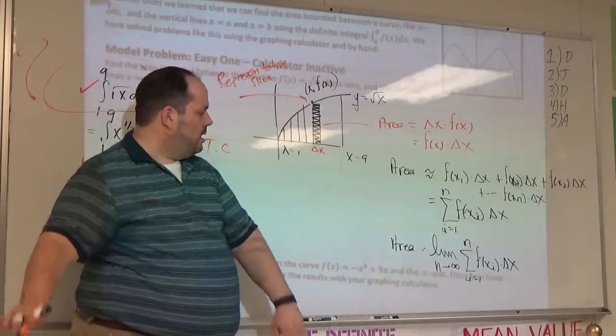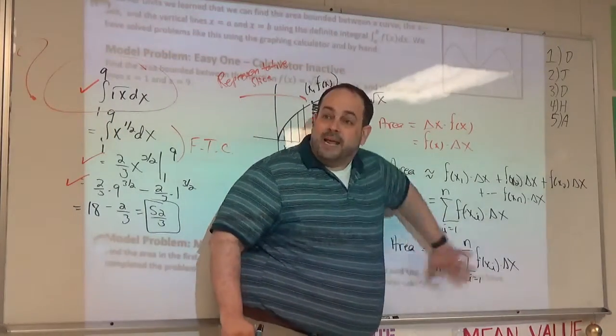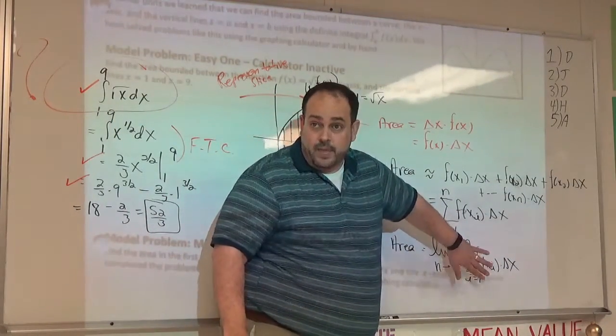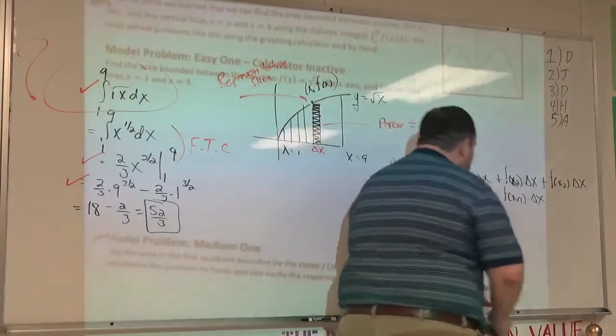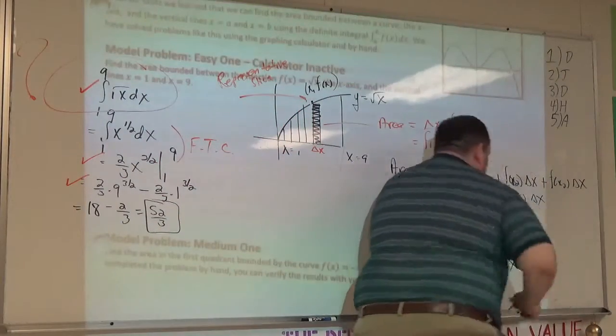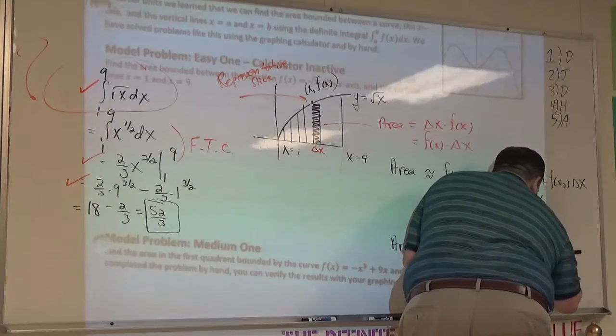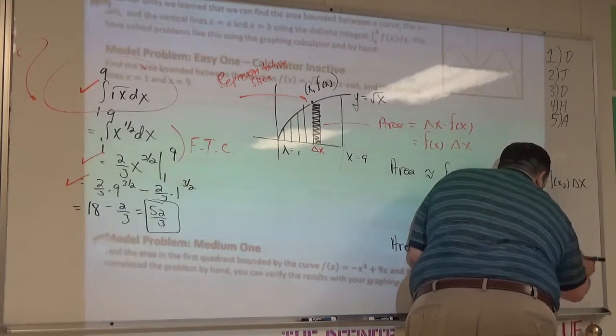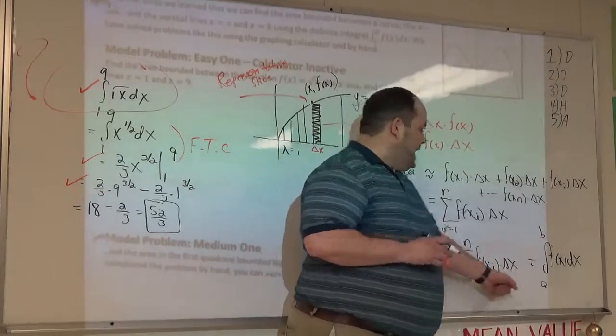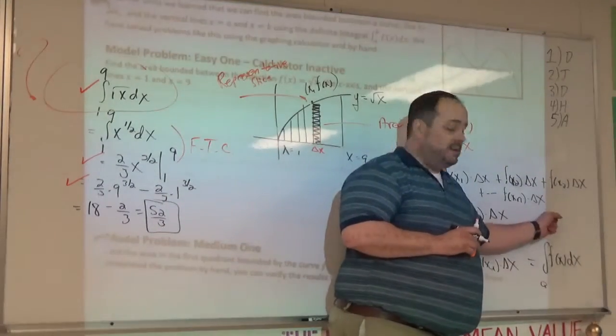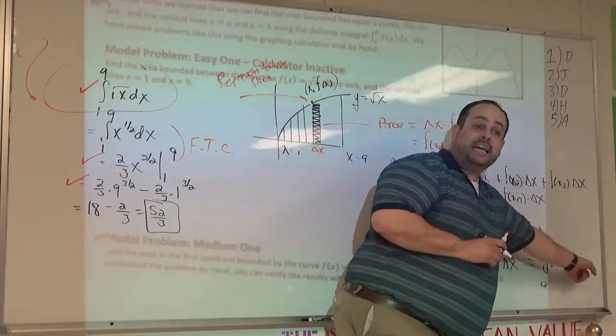So this is what's happening behind the scenes all the time, right? But what we really do is, I know there's a little bit of a leap here, all we really have to do is find the definite integral from a to b, from my start to my end, of my function, times dx.